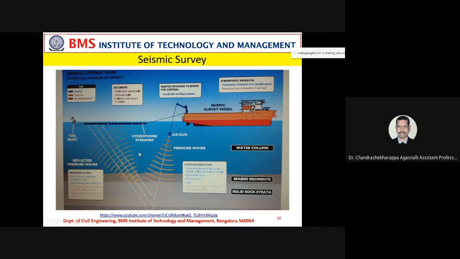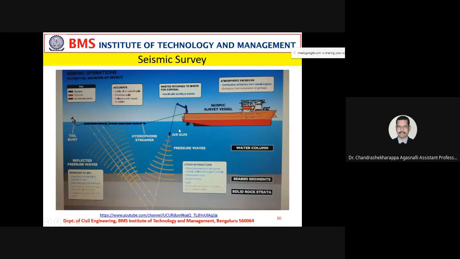Those things can happen here. This is one ray coming from the air gun, and you can see here how many: 1, 2, 3. One is reflecting from a very shallow depth, another from a deeper level, and another from a very deep level.